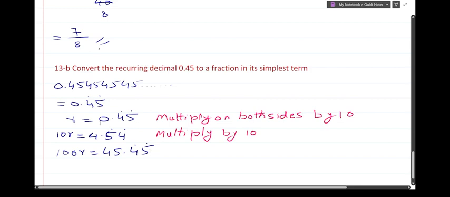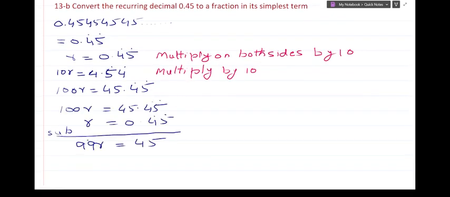Now we subtract r equals 0.45 from 100r equals 45.45. After subtraction we get 99r equal to 45. After transferring 99 to the right hand side, r is equal to 45 by 99. Let's reduce it. 9 fives are 45 and 9 elevens are 99. So r will be equal to 5 by 11.